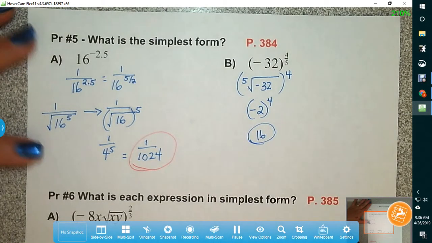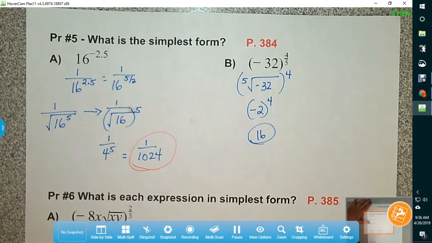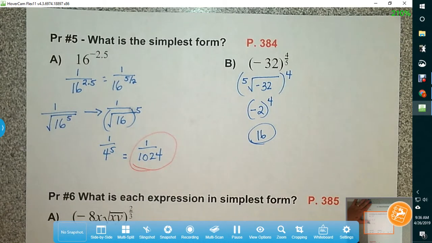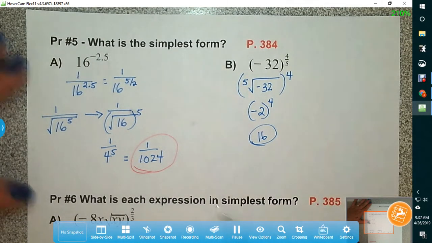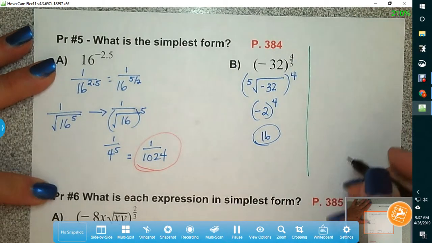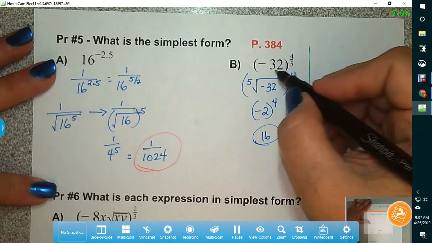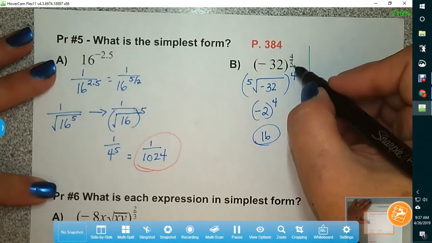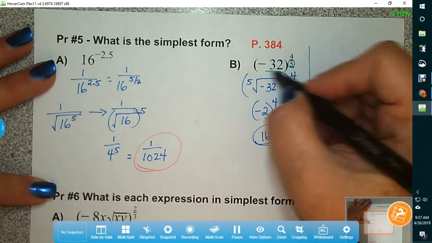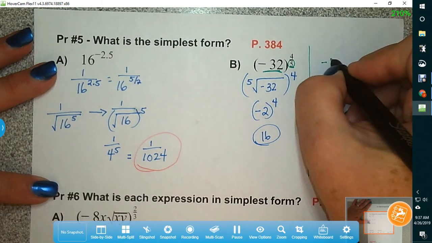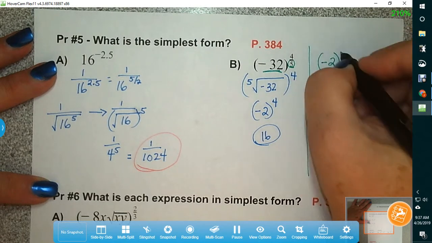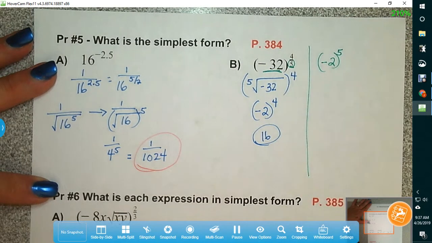16. Okay, and there is a way to do that in exponent form. I'll do this one that way. And then if you have questions, you can let me know in class. What you could do, since my denominator here is a 5, see if you can rewrite negative 32 as something to the 5th power. So negative 2 to the 5th power is negative 32.